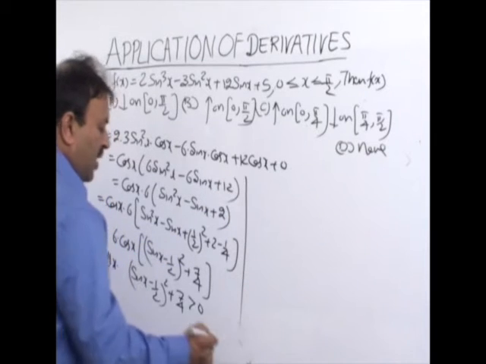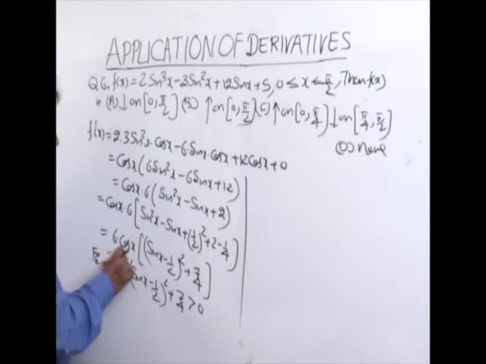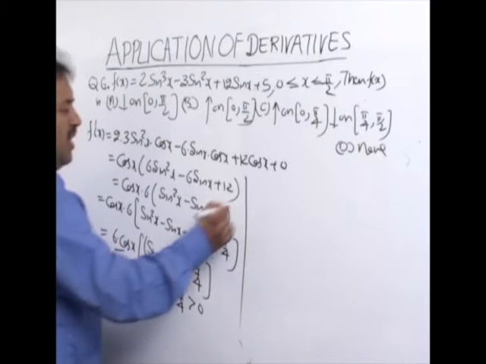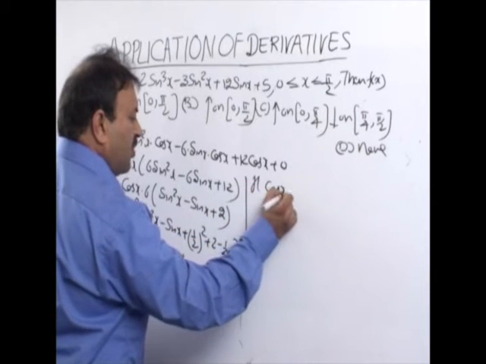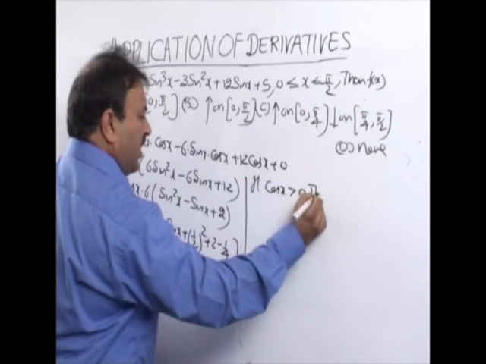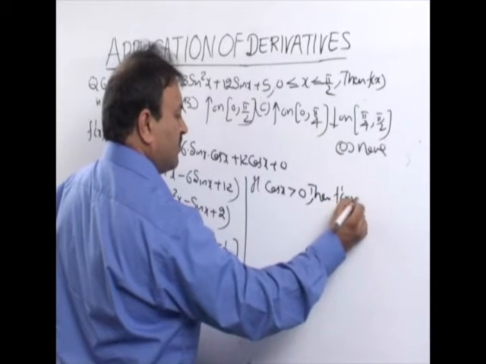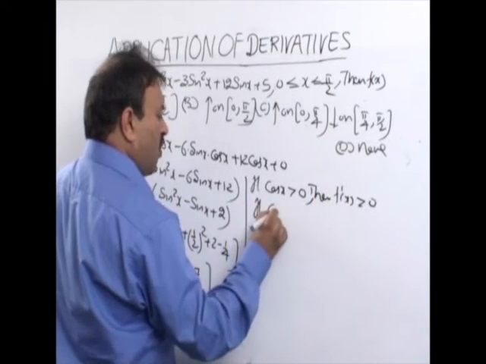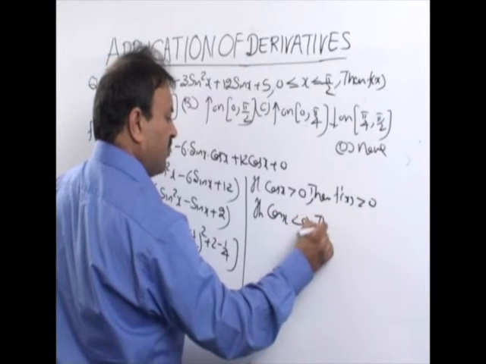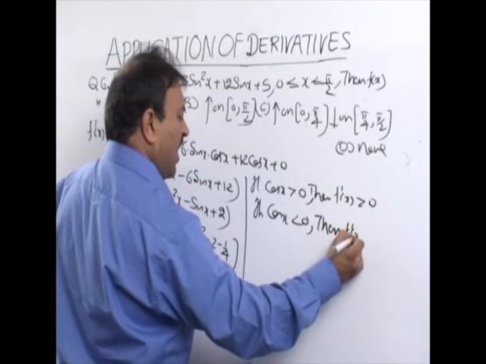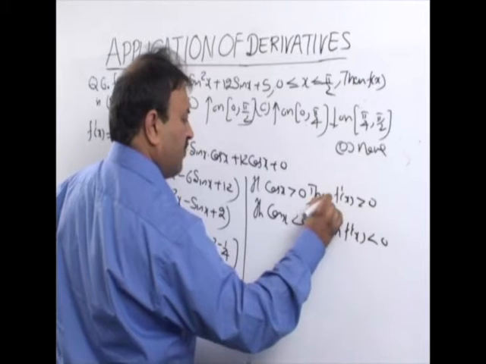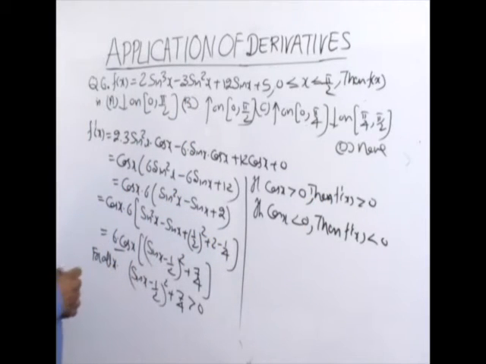So what remains for us is that it depends on cos x. If cos x is greater than 0, then f dash x is greater than 0. If cos x is less than 0, then f dash x is less than 0. If cos x is positive, f dash x is greater than 0, meaning fx is increasing.